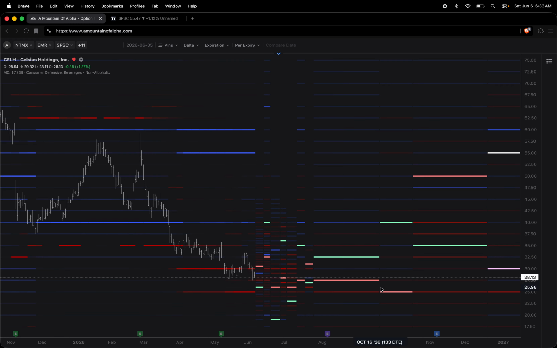And I can kind of judge here that, okay, it may be kind of flat through August. After August, we could potentially hit this 40. We have an inverted spread here, which is actually really good news, because the inverted spread is as price rises, they have to buy and hedge this 35, and then they have to sell this 50, which is like they have to cover. So it's a double buying, basically.